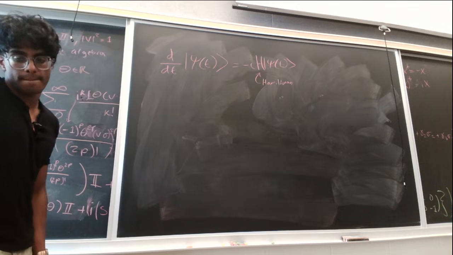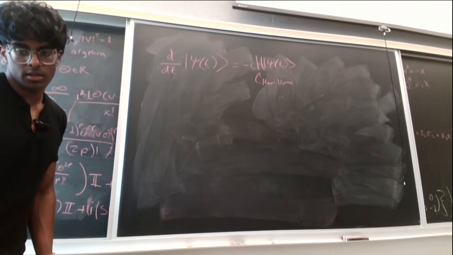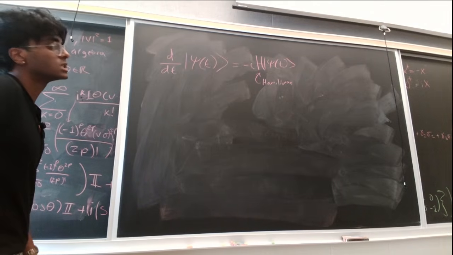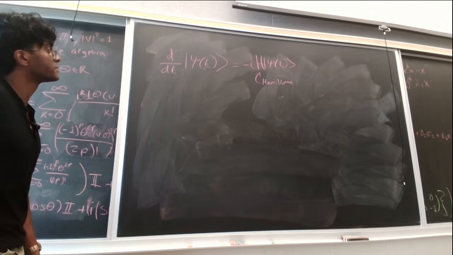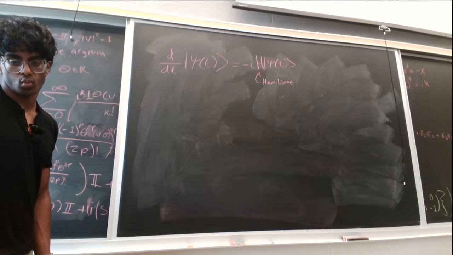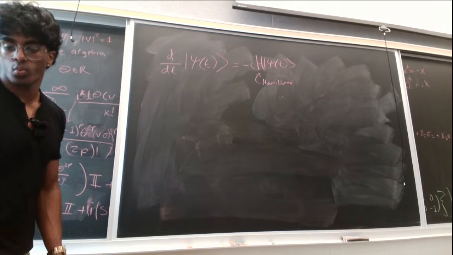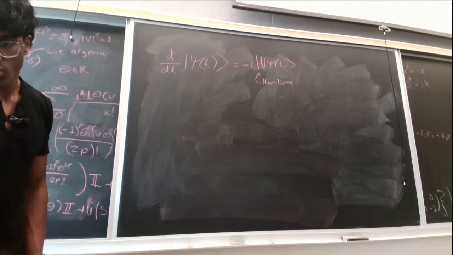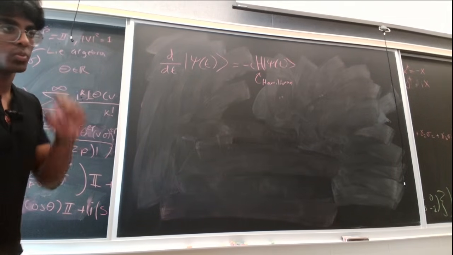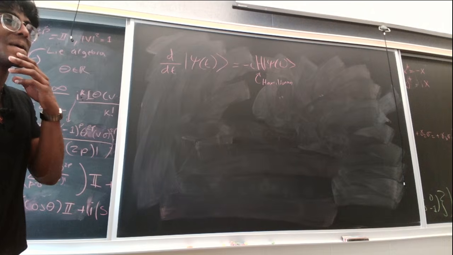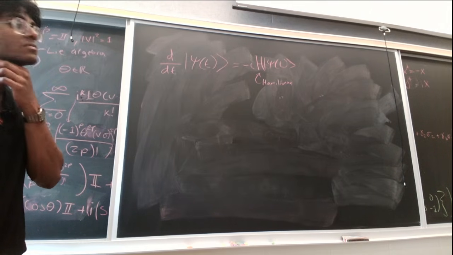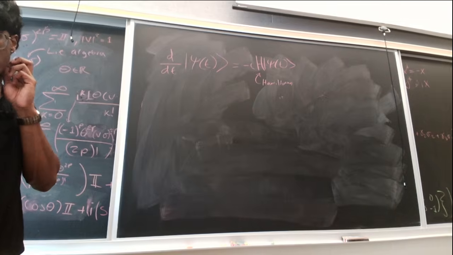What does it look similar to? The derivative of psi of t is what kind of object? Where is it living? The prefactor that I get, the derivative is the thing itself times what?